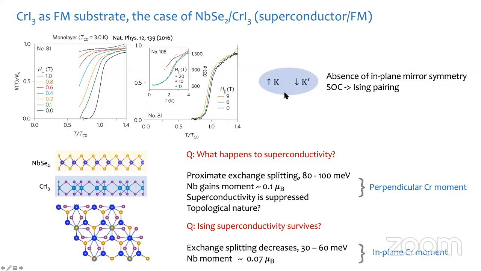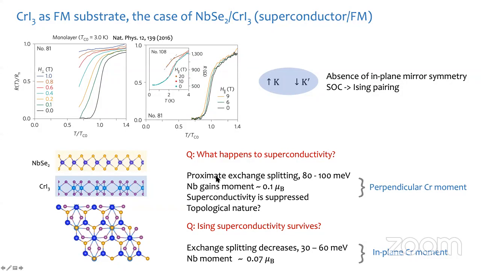The last thing I want to say is that another heterostructure which might be very interesting is a superconductor-ferromagnet interface, and for that we have looked into NbSe2, which has Ising pairing.